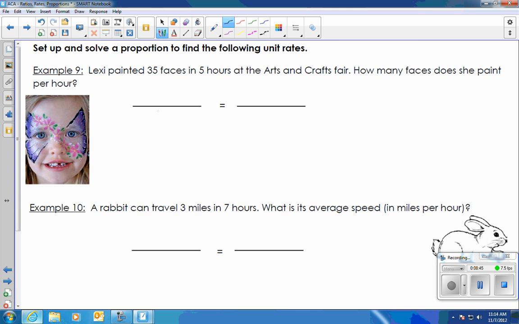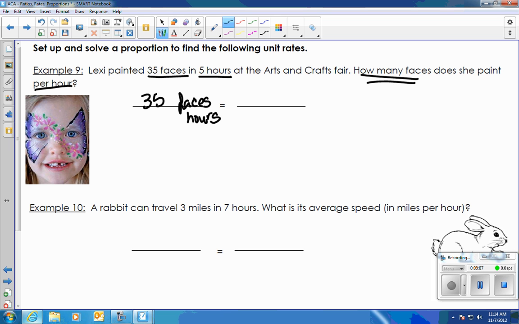So let's set up and solve a proportion. Lexi painted 35 faces in 5 hours. How many faces can she paint per hour? Now we already know that when it says faces per hour, we want to put faces on top and hours on bottom.